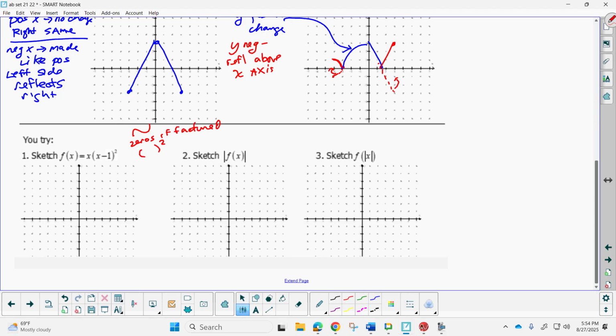And a square is a bounce or a double root. Try that first graph. And if you're confident, go on to the next two. You might check with somebody around you to see if you have the same graph on one before you do 2 and 3.